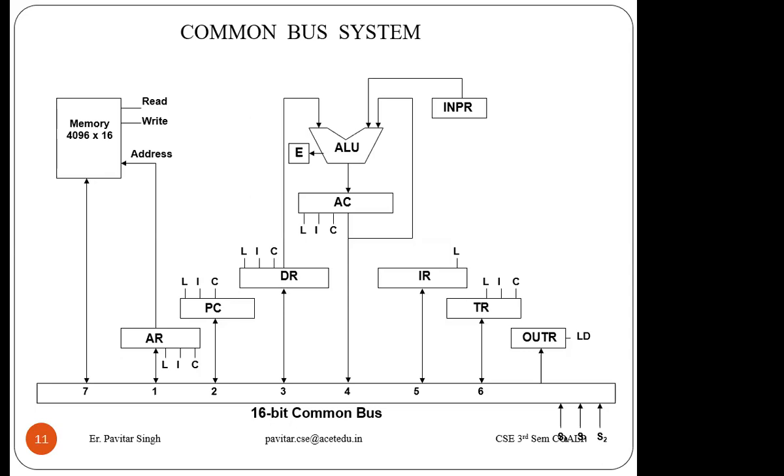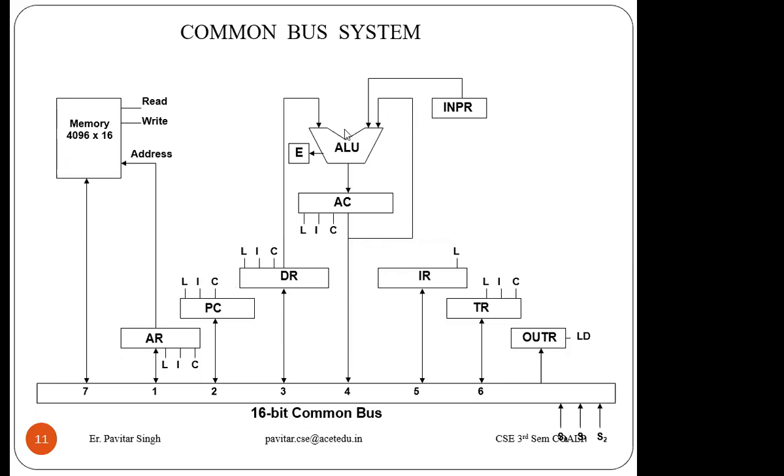So how will this operation be performed? You have to add the contents of accumulator with the contents of DR, and the data will again be stored to accumulator. How? Let me show you. First of all, the contents of DR will be loaded into the ALU. From this side, the contents of accumulator will be loaded.